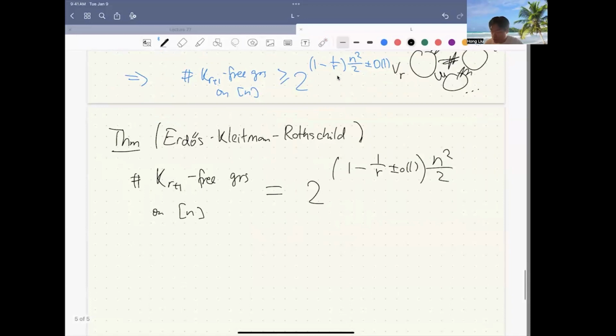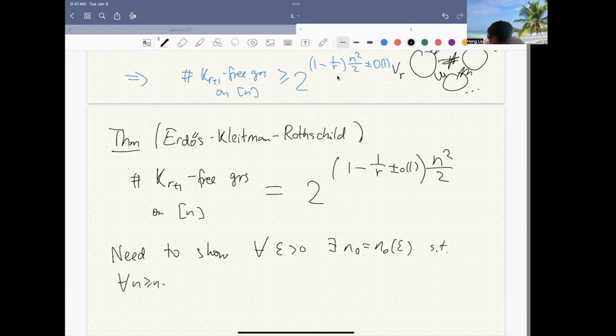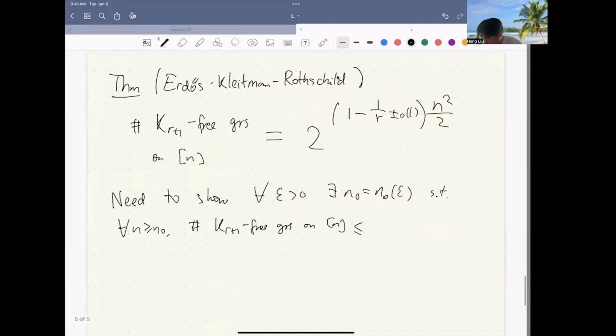So what we need to show: for every epsilon bigger than 0, there exists n naught depending on epsilon, such that for every n bigger than n naught, the number of K_{r+1}-free graphs on n is at most 2 to the (1 minus 1 over r plus epsilon) n squared over 2.